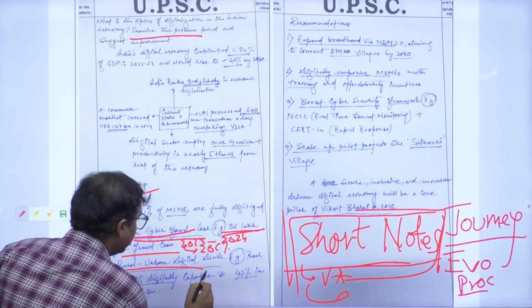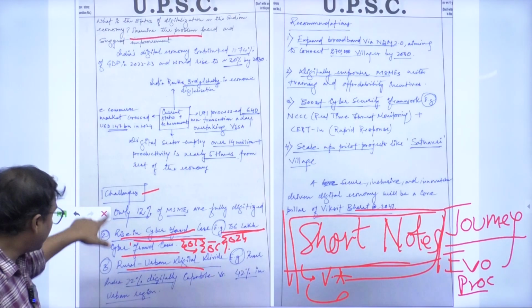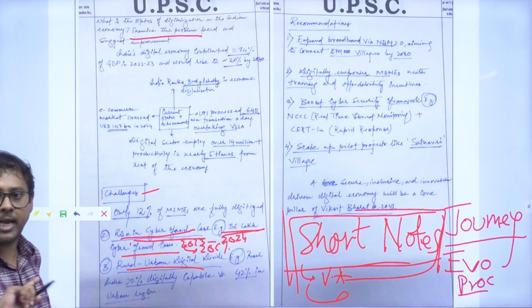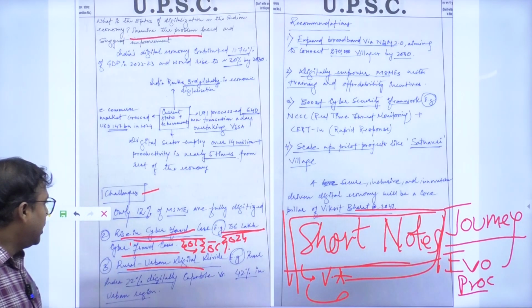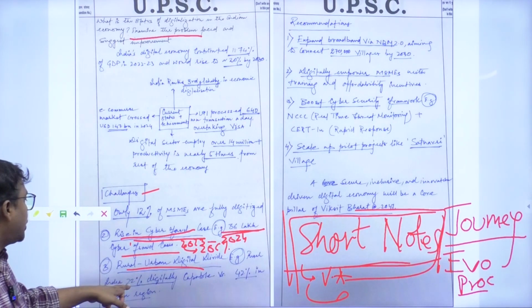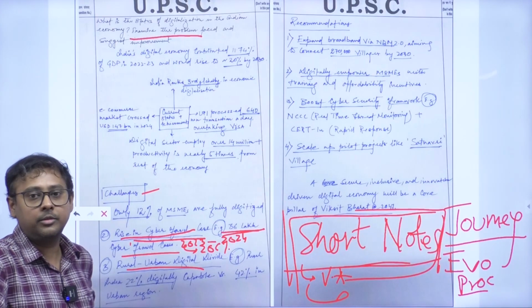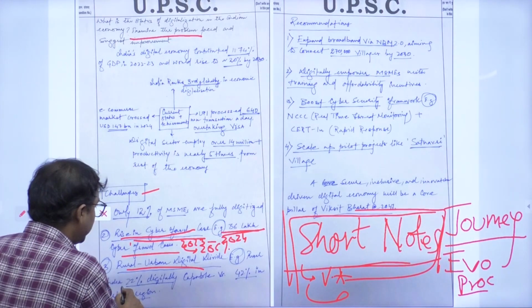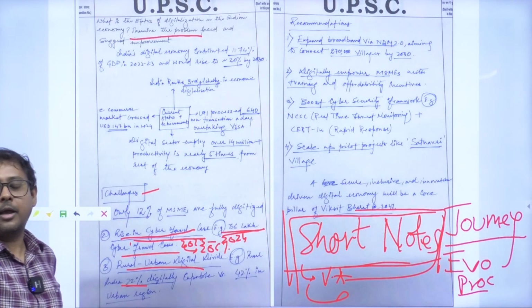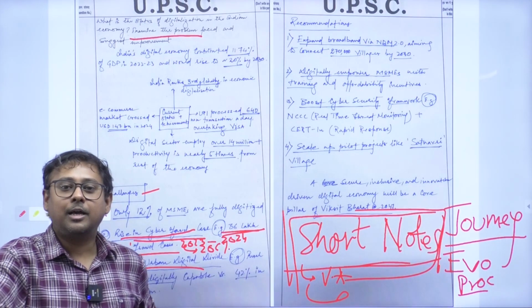Similarly, rural-urban digital divide. It is also a challenge of digitalization of the economy. Again, example, rural India 22% digitally capable. Now, I did not catch your name. Roshan.